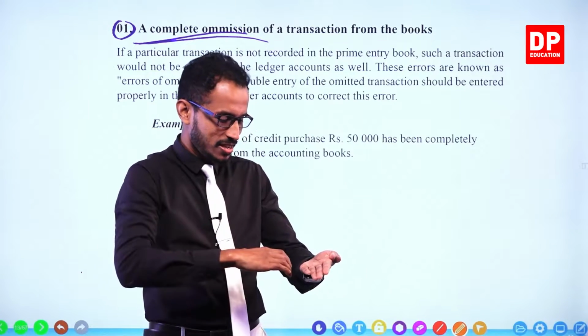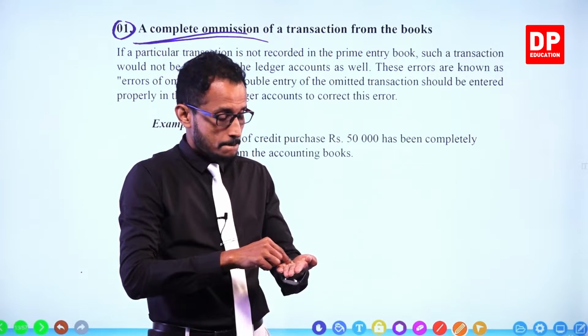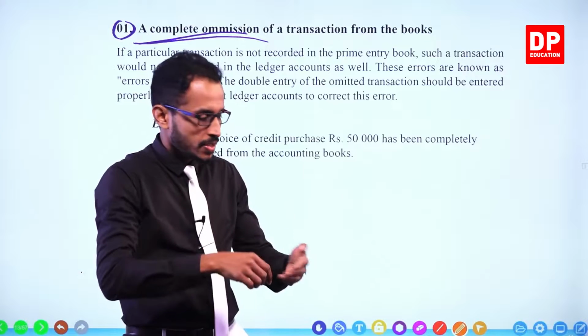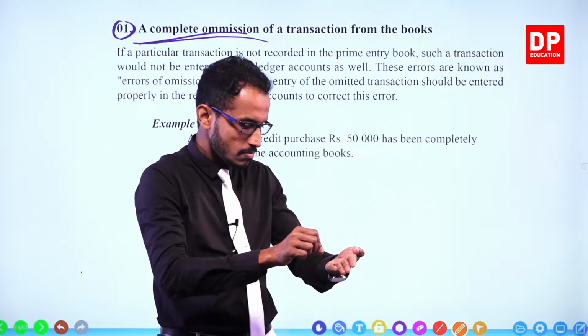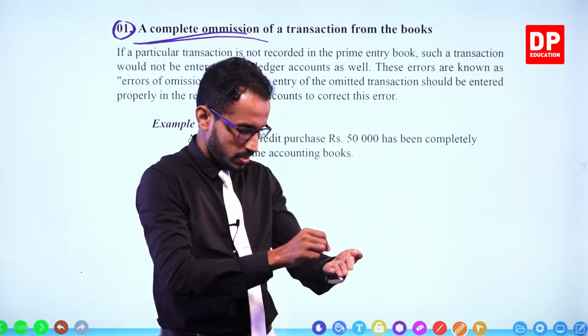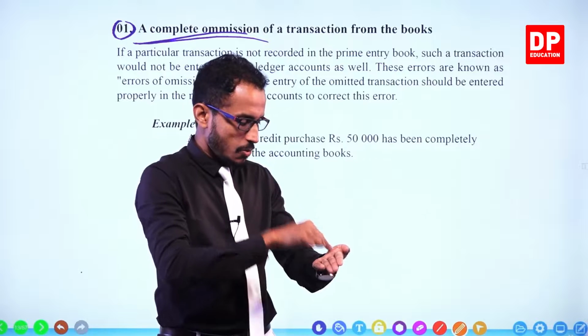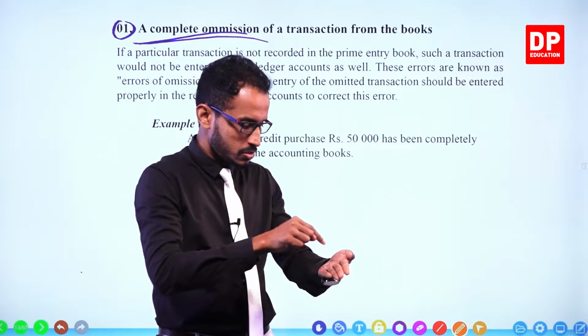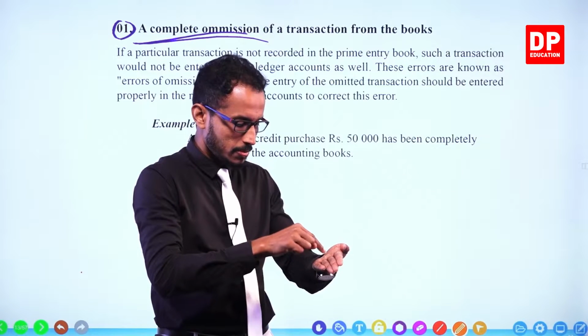There's a machine in the hands of the sales executive, or a tab. And they enter the transaction with the touch screen. How many boxes of biscuits? 10. How many boxes of tissue papers? 100.